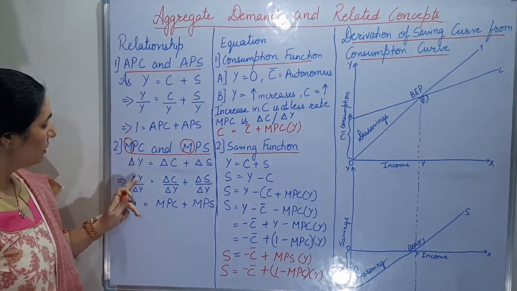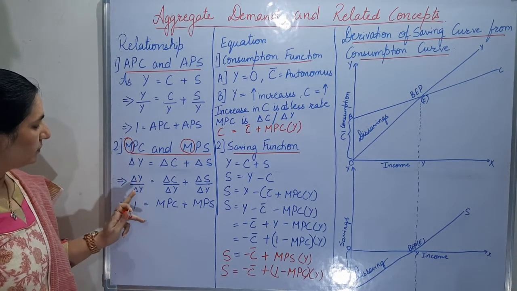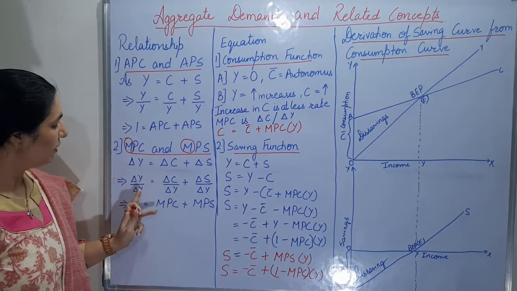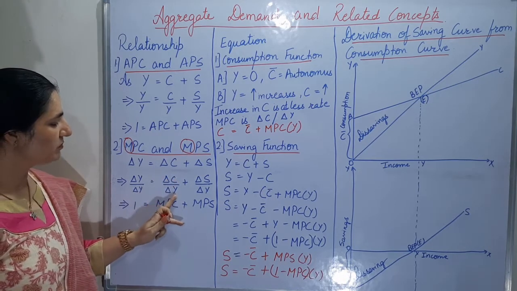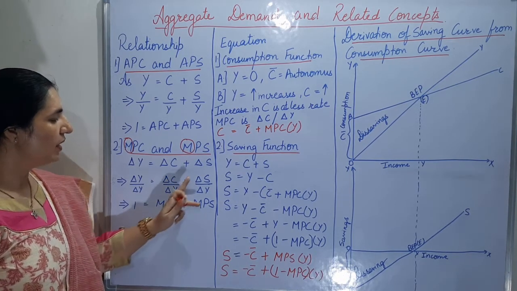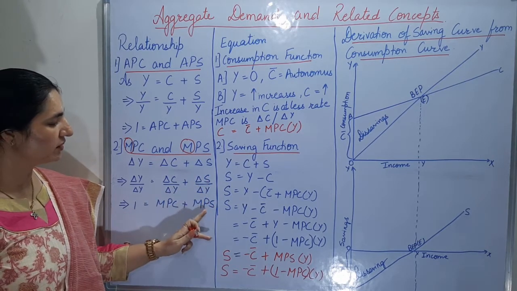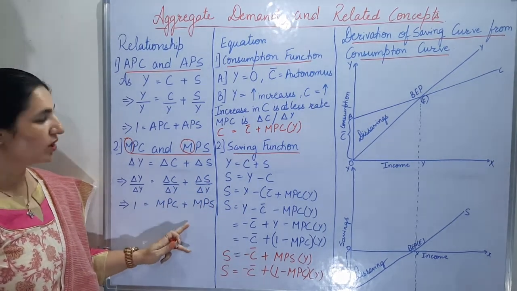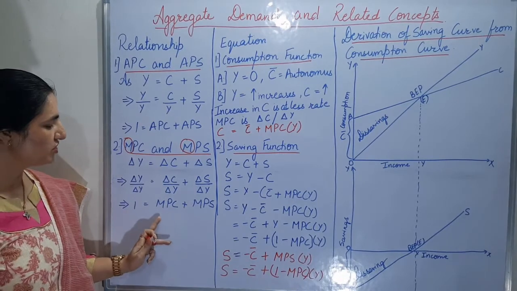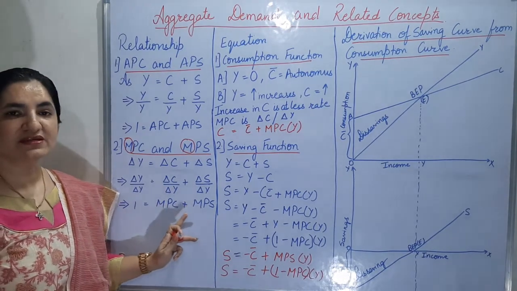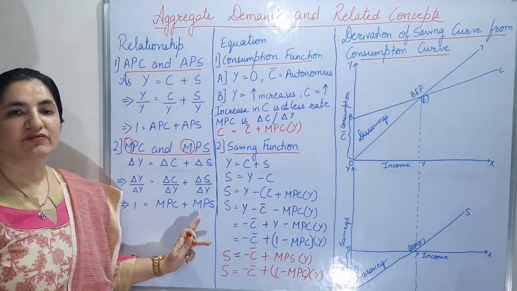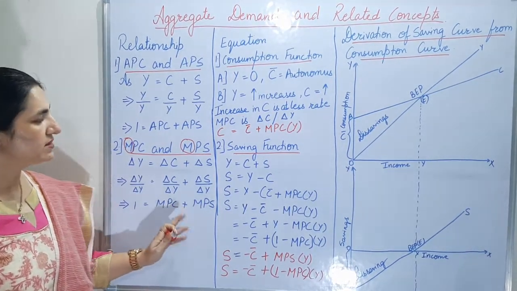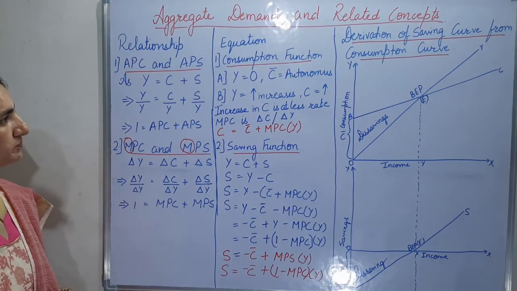So when change in income is divided by change in income, it is equal to 1. Change in consumption by change in income is MPC, and change in saving by change in income is MPS. So again the same relationship is established: MPC plus MPS is equal to 1. It means that when one increases, the other will definitely decrease. The reason is the same.